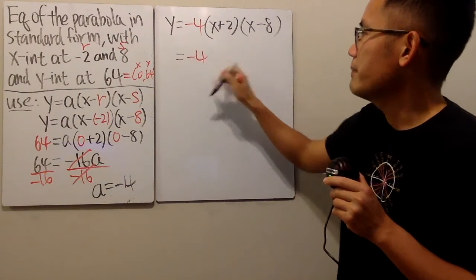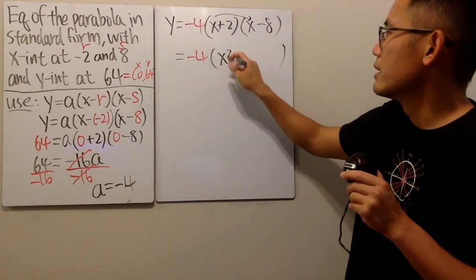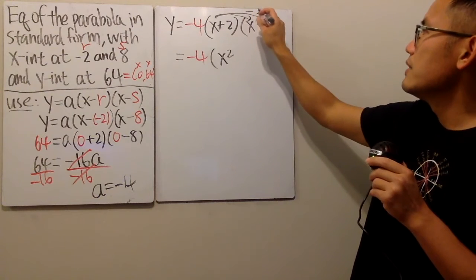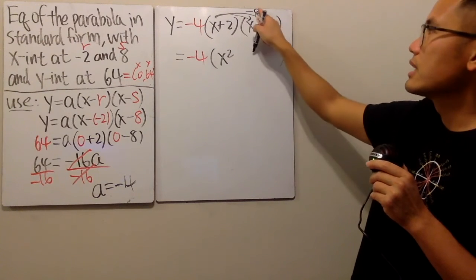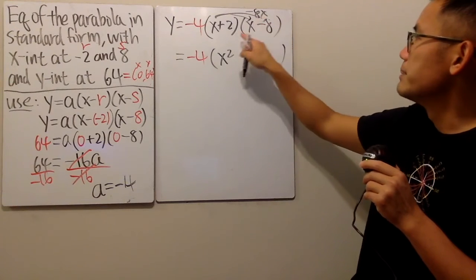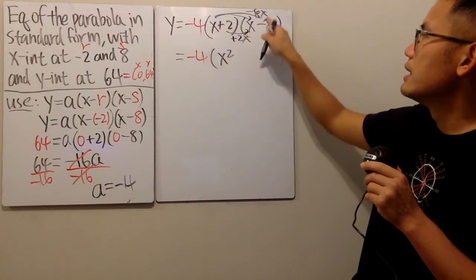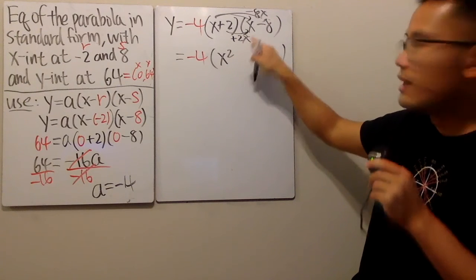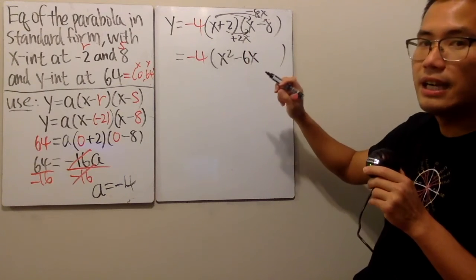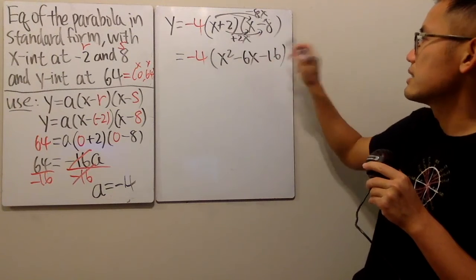All right, this times this is x squared. This times this, x times -8 is -8x, right? And the reason I want to put this right here is because this times this is positive 2x. Together, -8x plus 2x is -6x, right? And then lastly, this times this is -16.